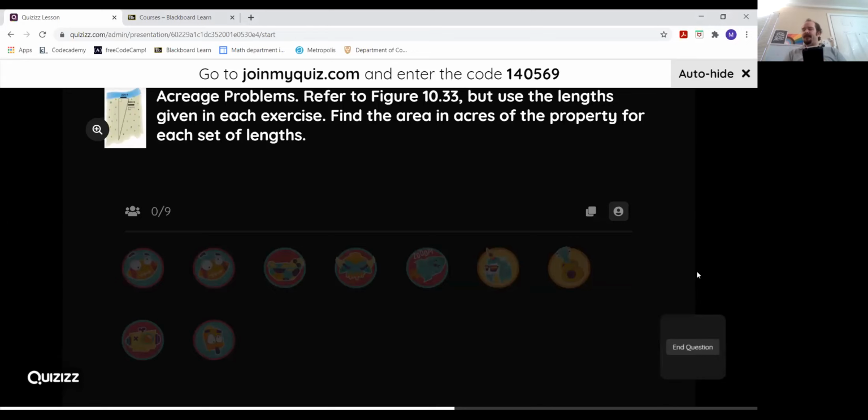And so we want to find that missing side. We want to find the area, and then divide that by 43,560, whatever you get in the end, to get to acres.